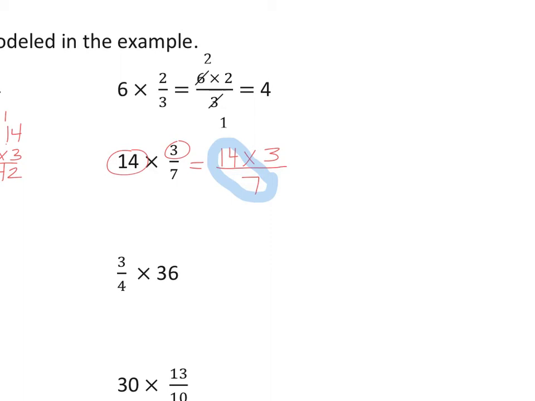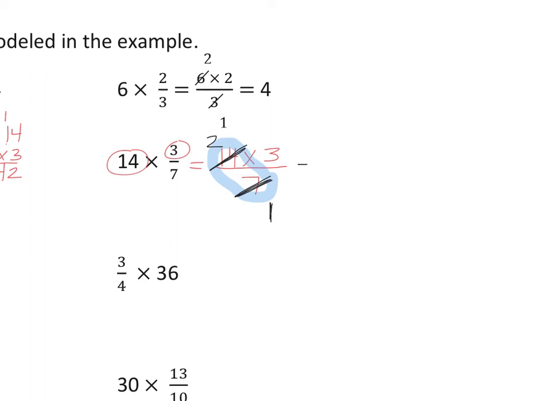Now, I know if I count by 7s, I can get to 14. So I can say, okay, well, 14 divided by 7, so I'm crossing this off, 14 divided by 7 would give me 2, and 7 divided by 7 would give me 1.